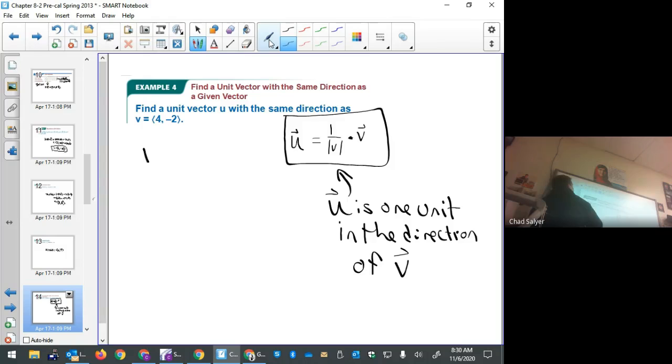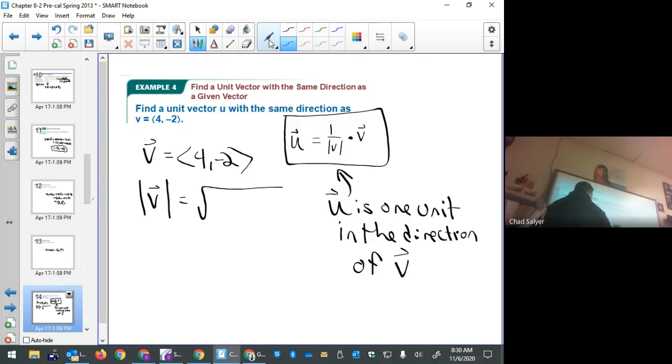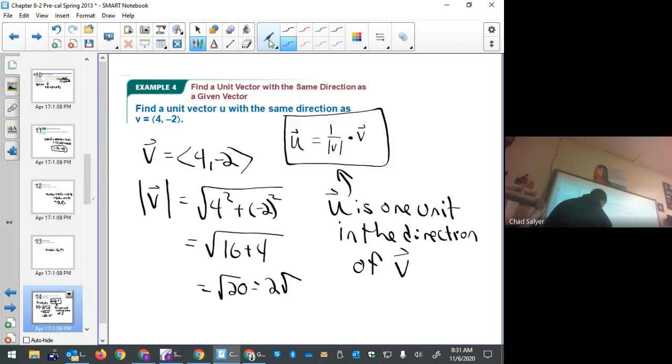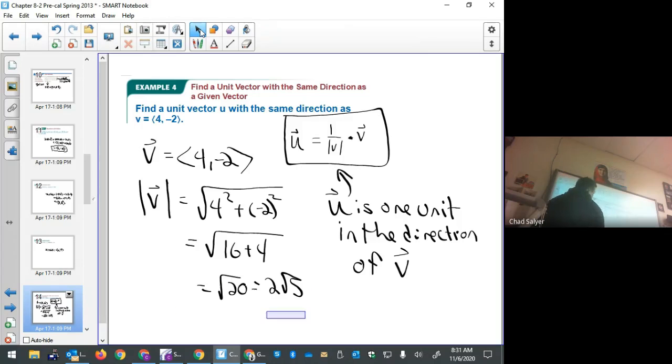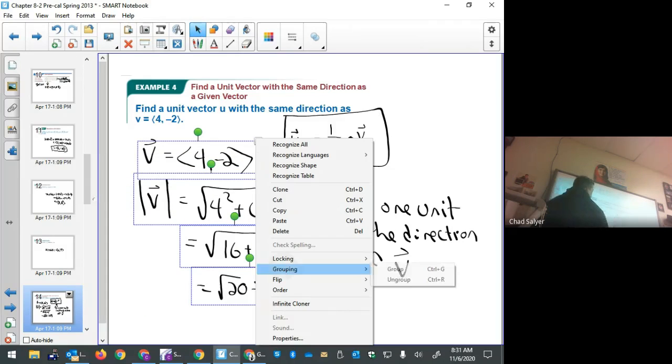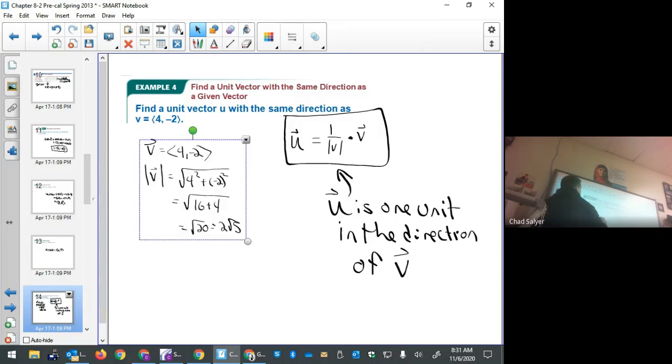So we've got a vector v here, 4 comma -2, and we want to find its magnitude. We're in component form, so we're just going to use that formula. 2 times the square root of 5 is what I wind up with there, the magnitude of v, which I need to plug into that formula.